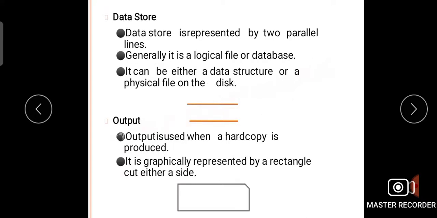For storing data in a database we use parallel lines for the data store. And the output of the system is denoted with a rectangle with one side cut symbol.